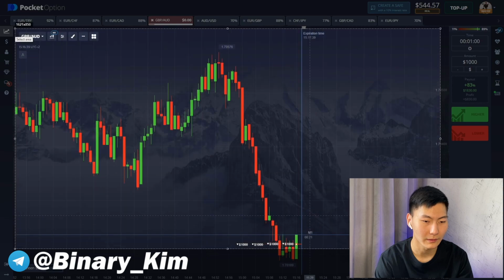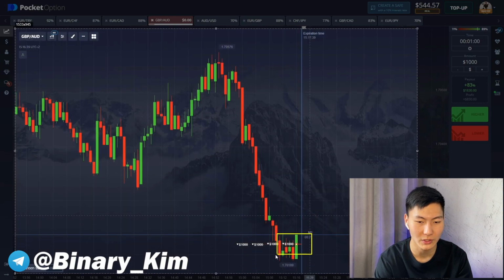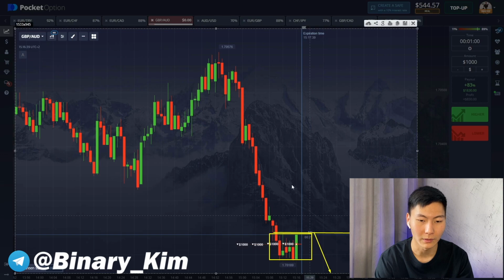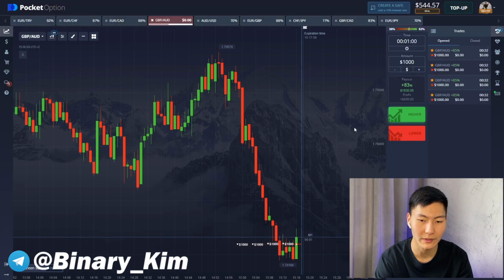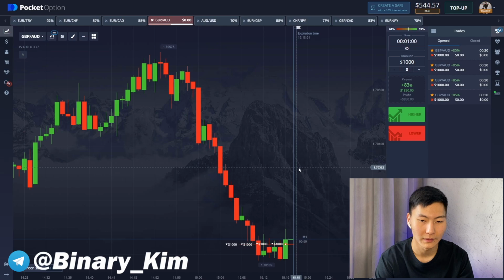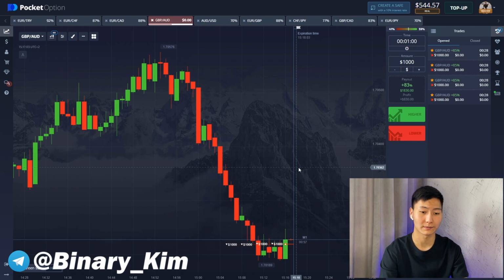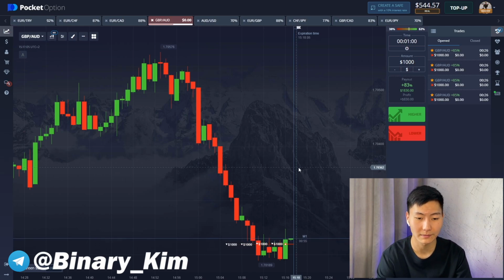We can observe this accumulation zone here, and I think the price should be rejected here and go downwards, following the downward dynamics. Now there is a small pullback, but I think the correction is imminent here. So we open the short and let's wait, guys.